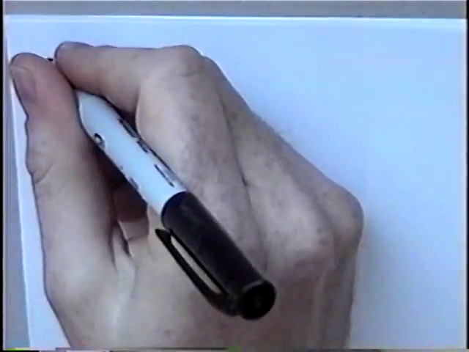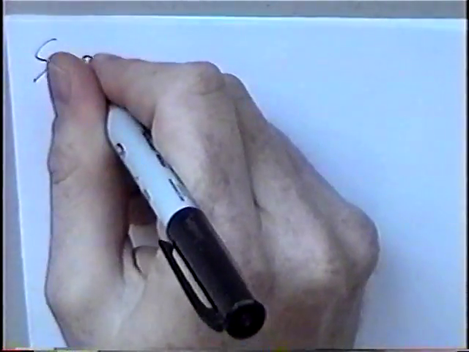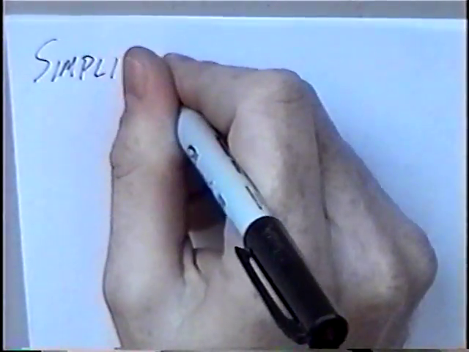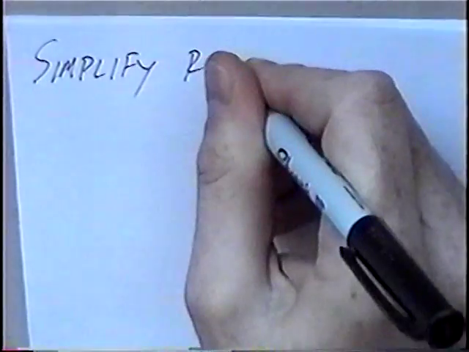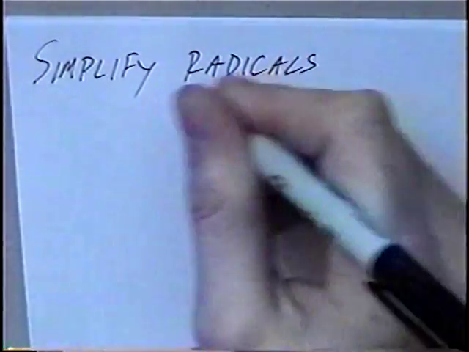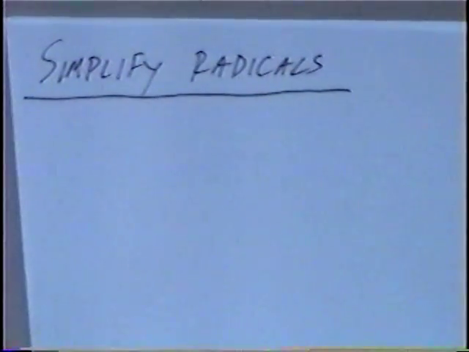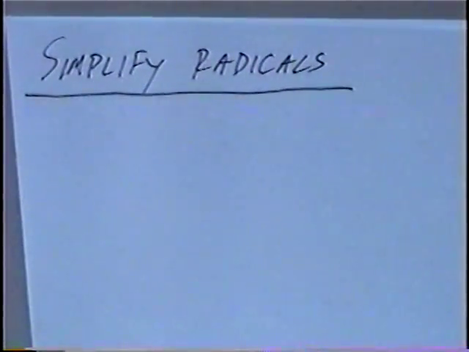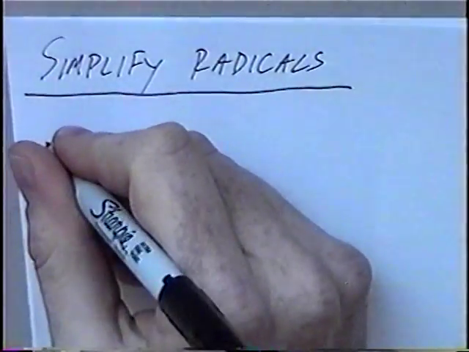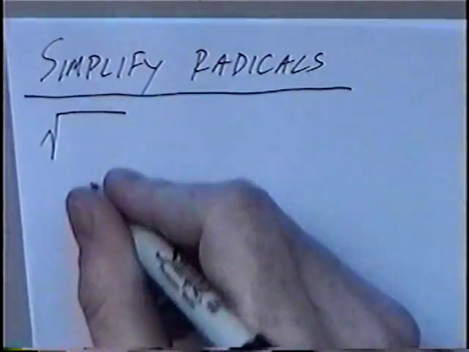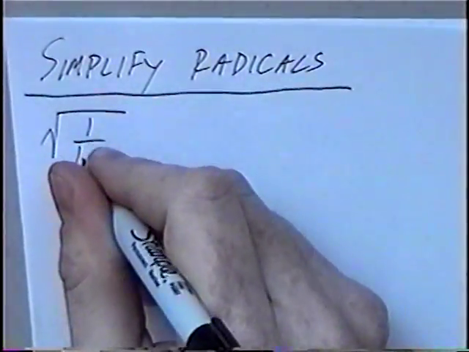Title of the first section today is Simplify Radicals. In this section we'll simplify radicals, which is the same as simplifying square roots. First question, we have the square root of 1/16.